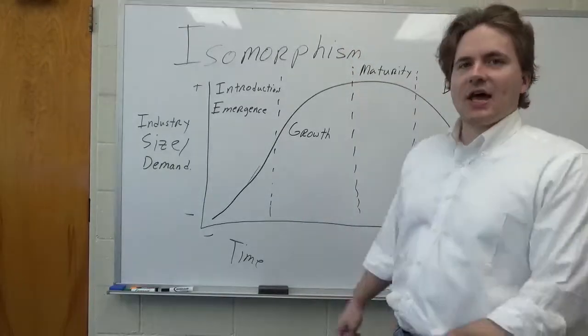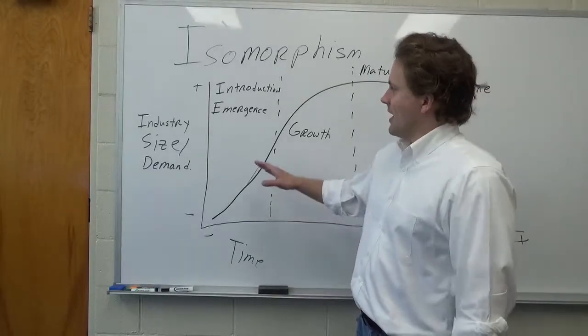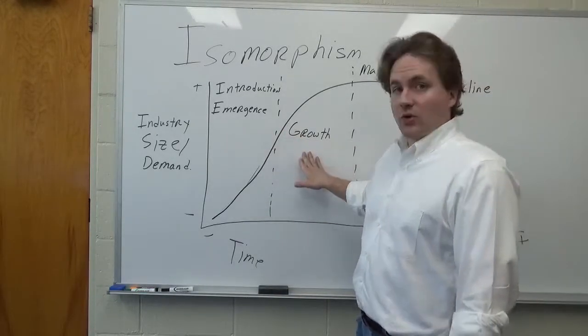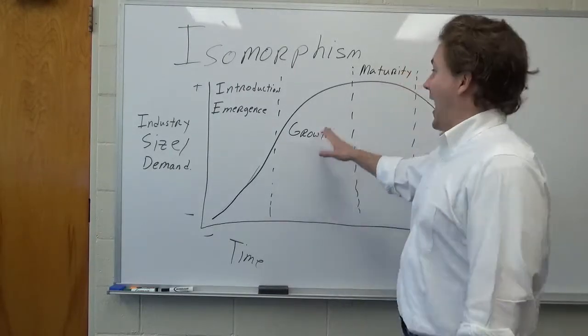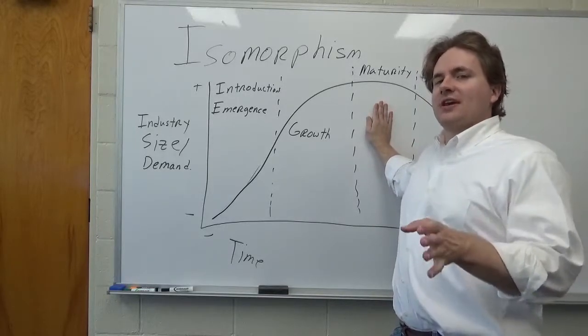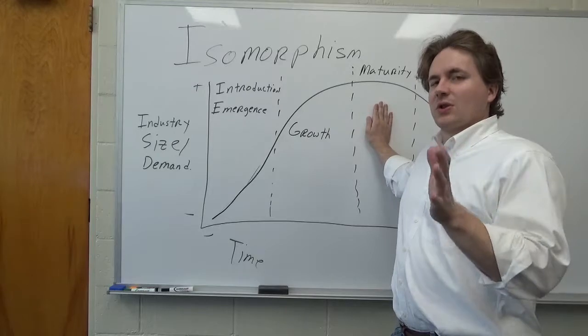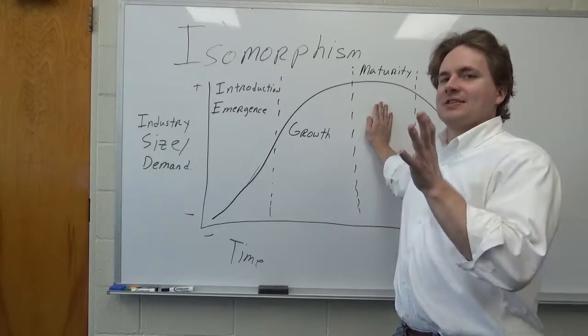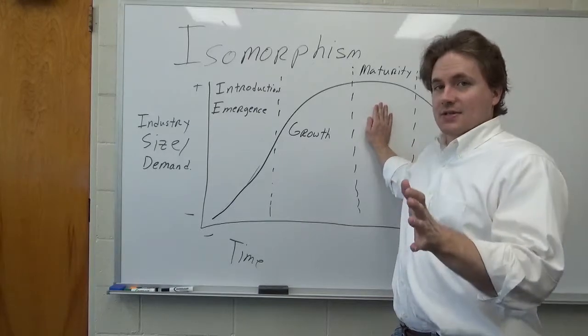So how does this tie into isomorphism? When you look at the introduction and the growth phases, there is a lot of variation between products and industries. But as time progresses and an industry grows, in the maturity phase you start to see all products and services look more and more alike, because there is a proliferation of best practices.